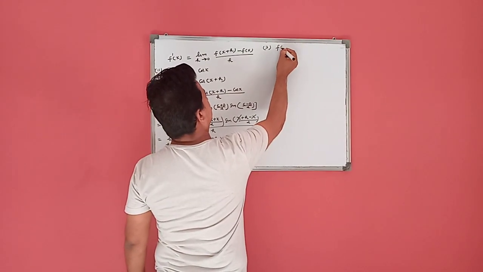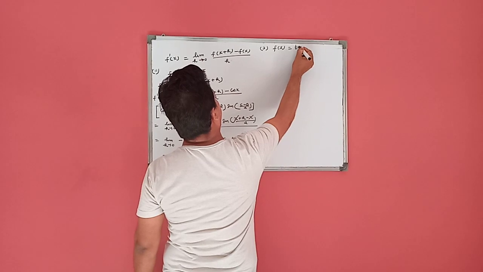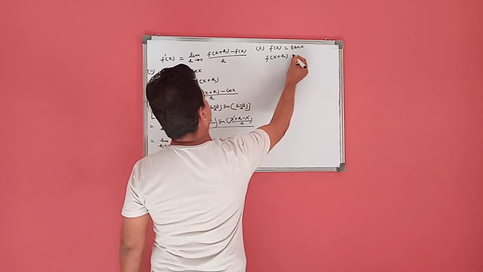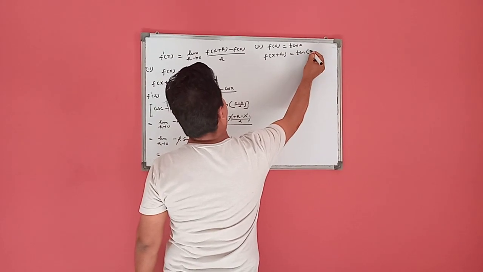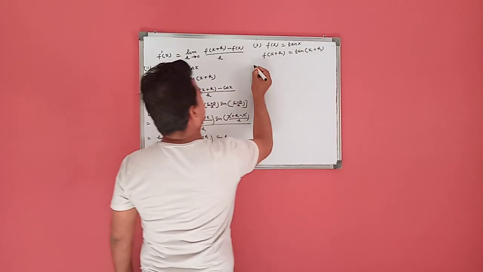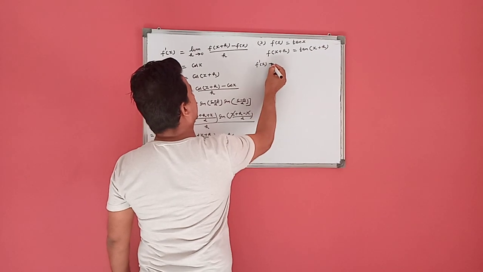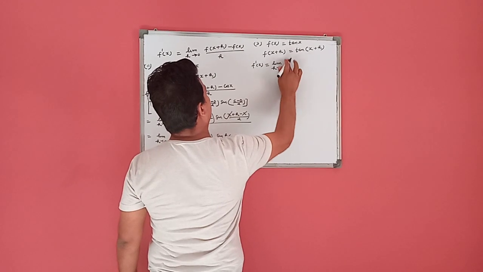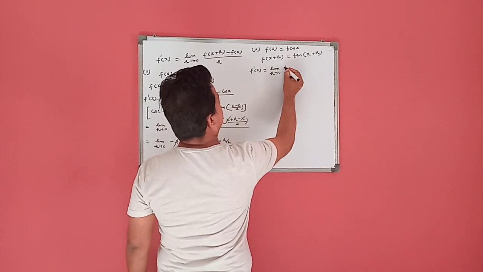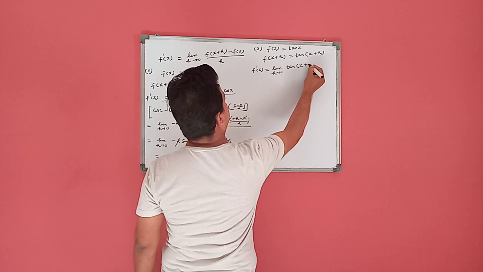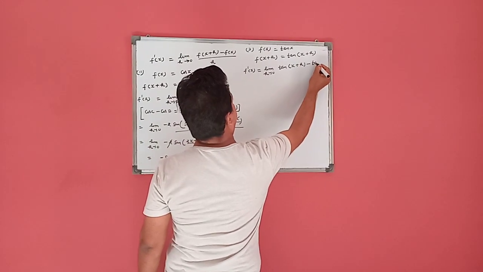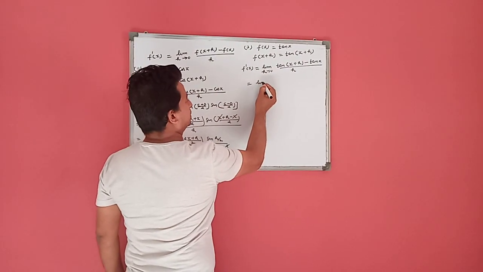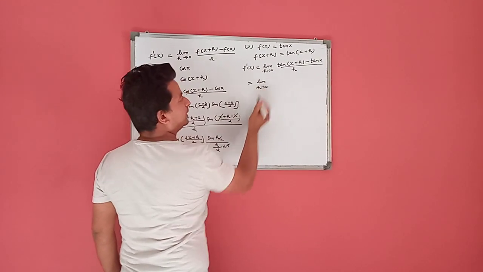The third result is f(x) equal to tan x. When we find f(x + h), that is tan(x + h). According to the definition, f'(x) is equal to the limit as h approaches 0 of tan(x + h) minus tan x, divided by h. As we know, there is no C minus D formula for tangent.